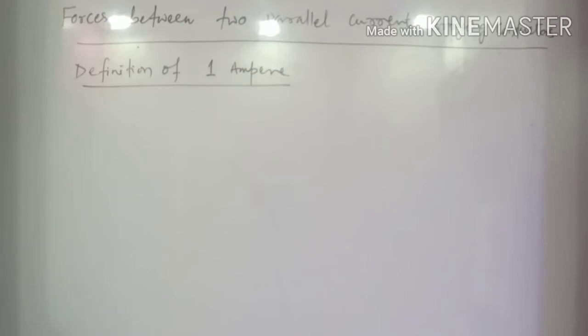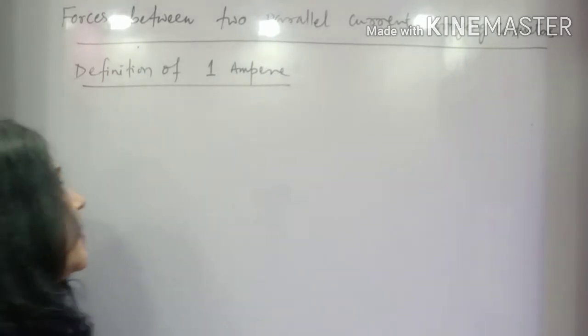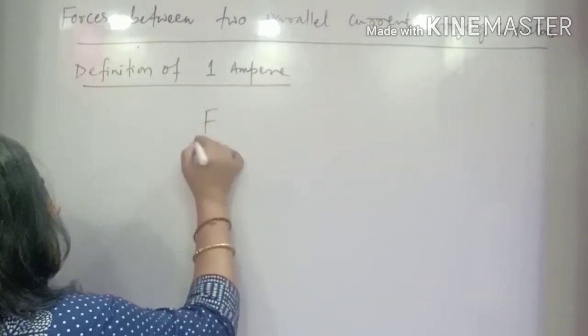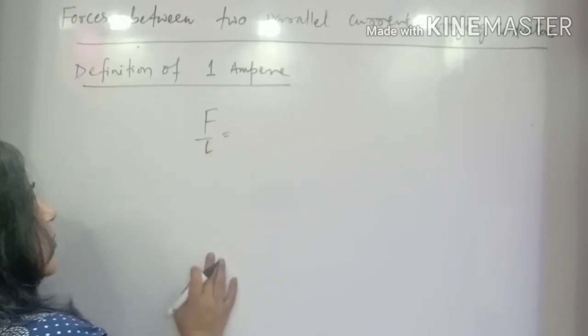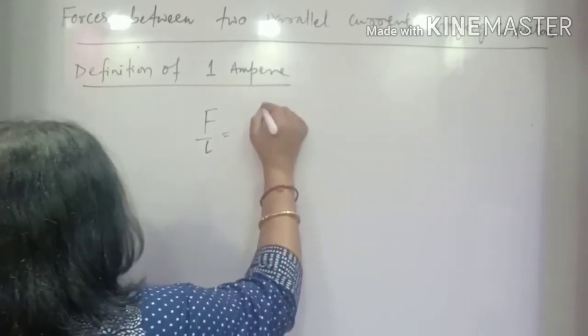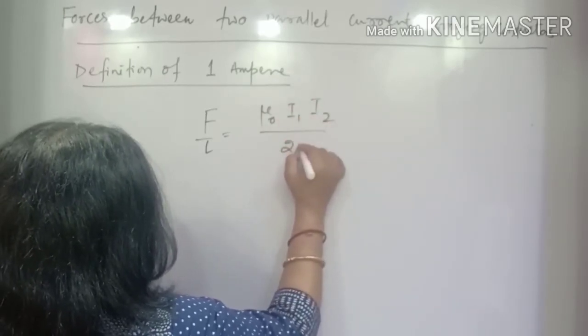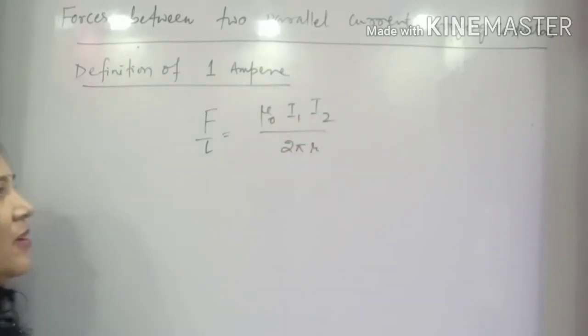So, definition of 1 ampere. We got this force per unit length, F by L. What is the formula we got? We got mu naught I1 I2 by 2 pi R. So this is the formula we got.